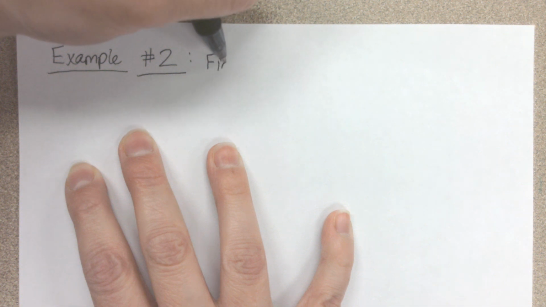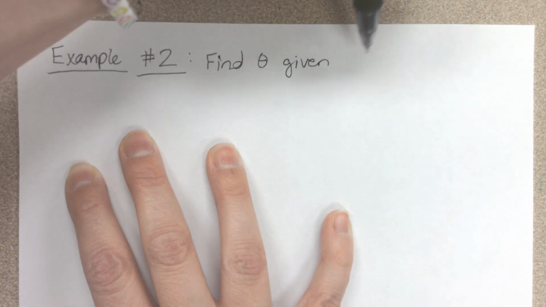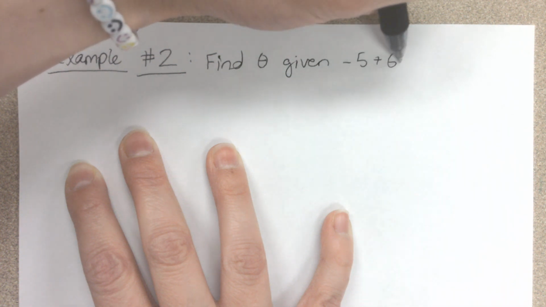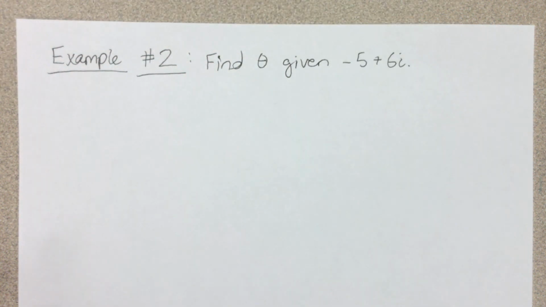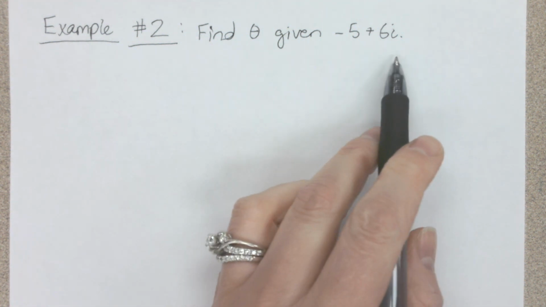So that's what I'm going to do this time. Find theta, which is the argument, given -5 plus 6i. So first thing we do is we graph. We're going left 5, up 6.